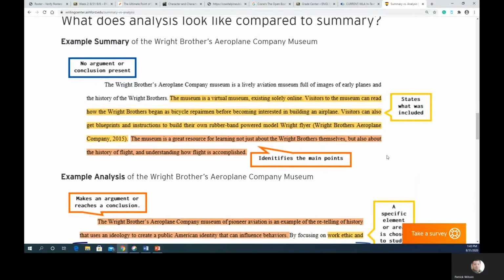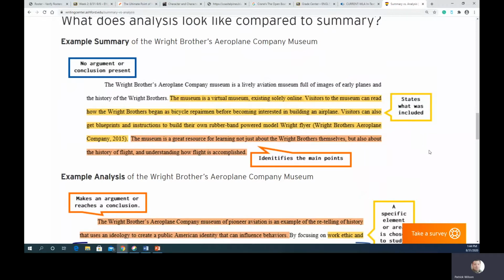But again, if anybody took a tour or read whatever about the Wright Brothers company museum, they would get this right away too. So there's nothing new there. They're basically just stating the obvious and moving on. There's no quotes. There's nothing provocative or argumentative or anything of that nature.